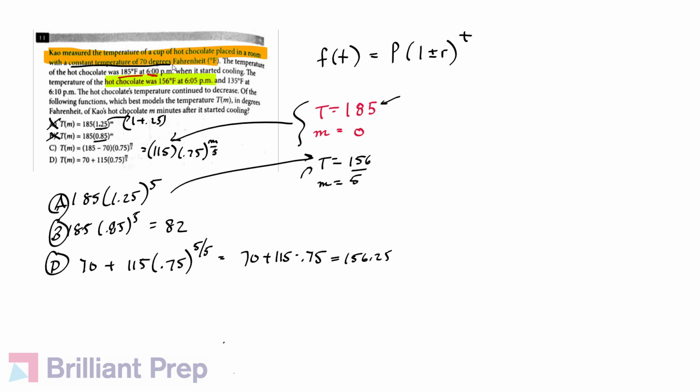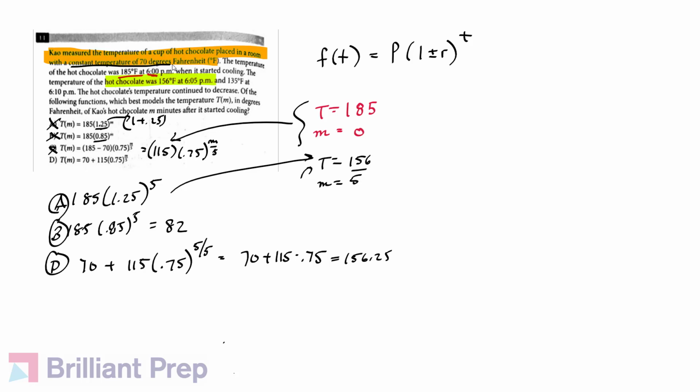We know the y-intercept or the initial value should be 185. But when I plug in values, it's just not going to work, right? We already figured that out. This is also going to just decrease to 0, closer and closer and closer to 0. It's not going to level off at 70. Even though it's got the 70 in it, it's not doing what we want it to do. This leaves us with D.